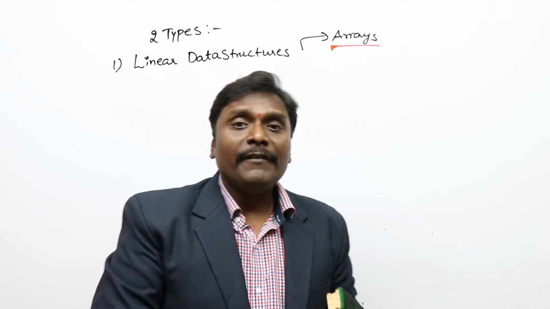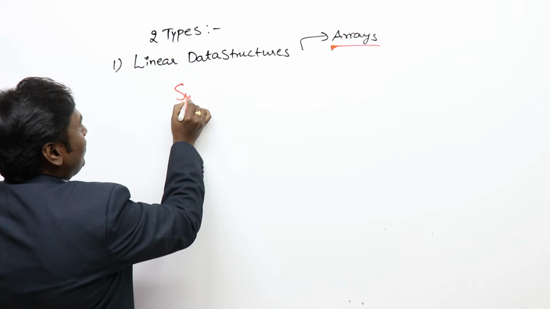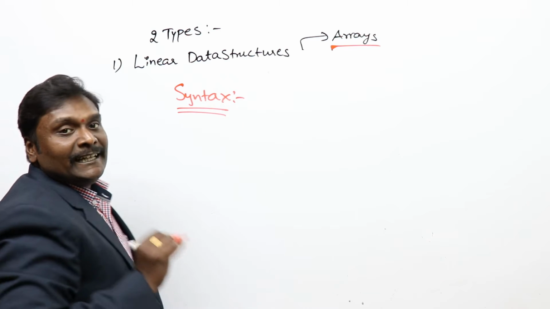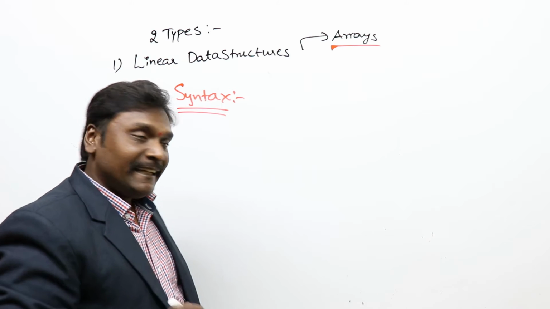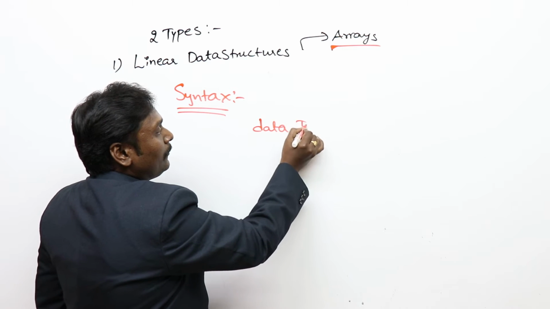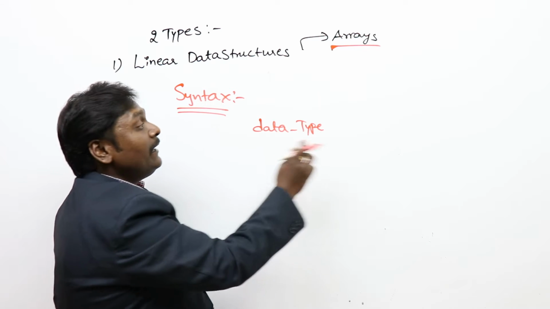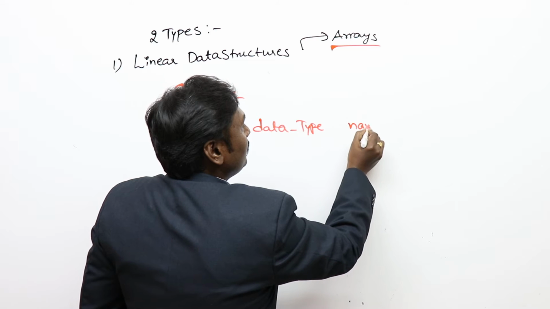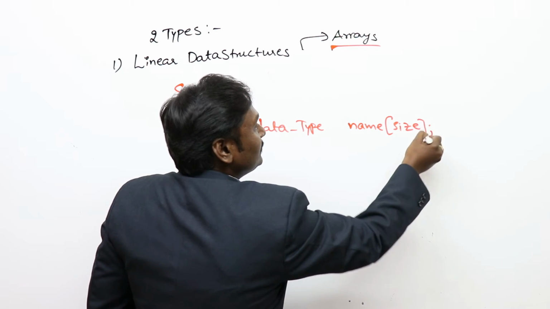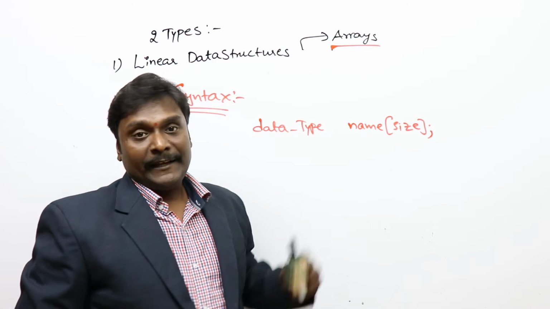Whenever I am using C programming, the syntax of an array is represented as follows. First one is the data type of the array, next one is the name, and next one is the size. Okay, so this is a simple syntax of an array.